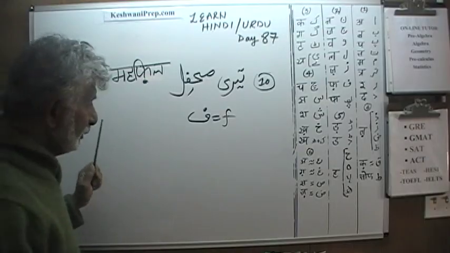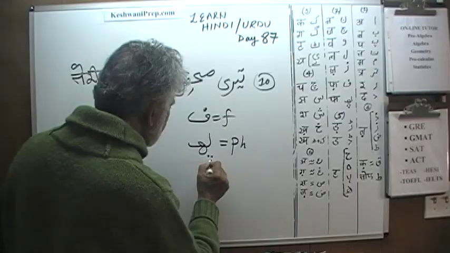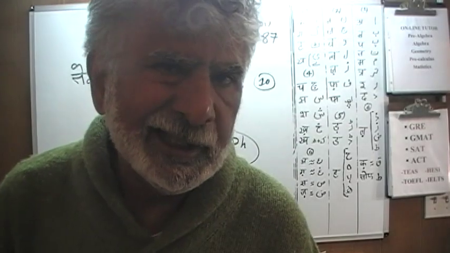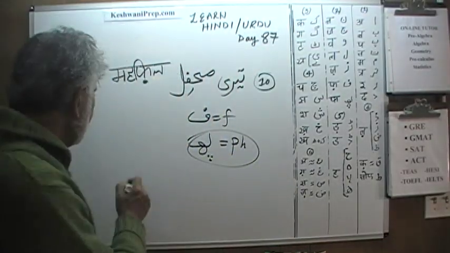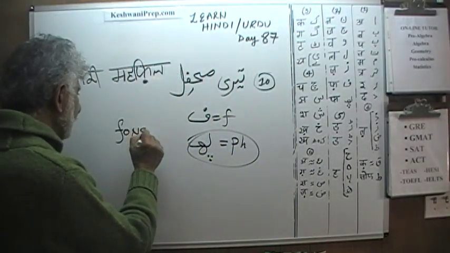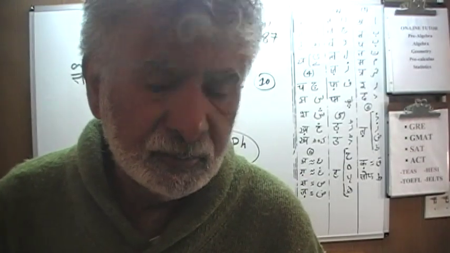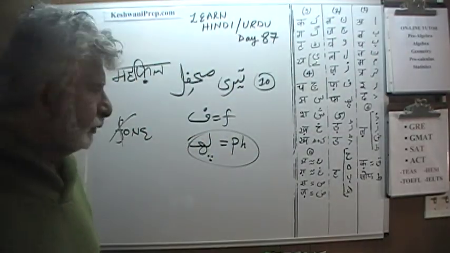We also have PH in Urdu, which is a O and a H. Mehfil is not spelled with PH, it is spelled with F. Just like in English, if I end up writing phone with an F, of course I'm spelling it wrong. Phone is not spelled with an F, it's spelled with a PH. The same exact idea. You have to know the correct spelling in Urdu.